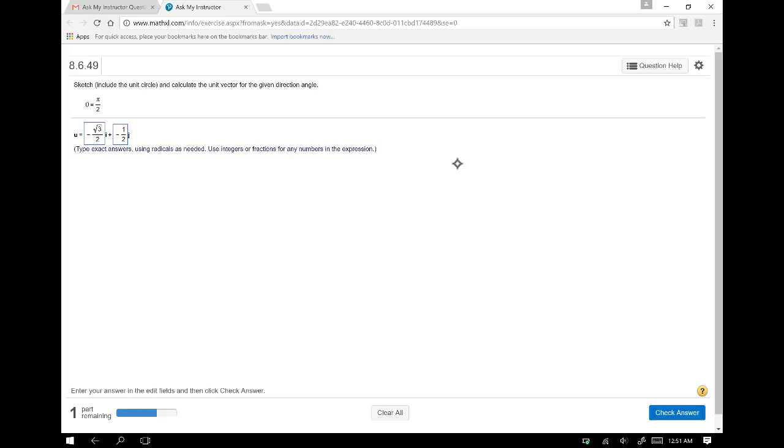So we know theta is pi over 2. We're going to use the exact same formulas we have been using. It looks like a very different problem, but they are talking about vectors here.